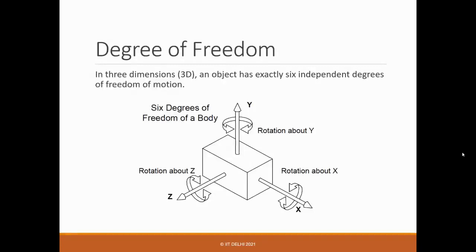That has to be very clear, and if you think otherwise, please discuss. All these motions depend on the coordinate frame or frame of reference you assign, but the complete motion can be defined by these 6 components, 3 rotations and 3 translations.